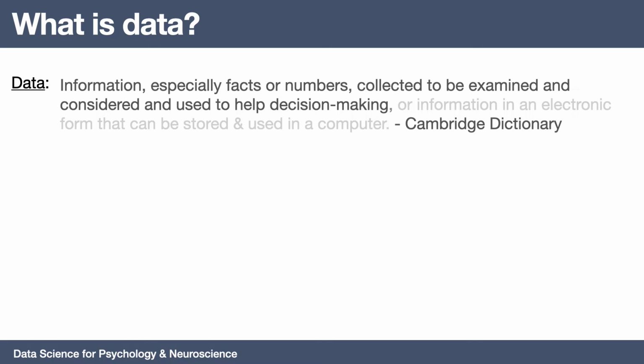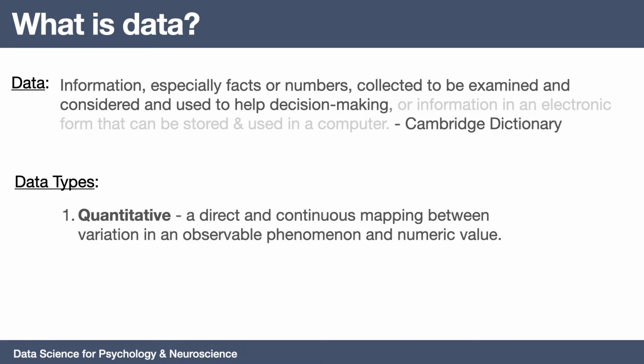Now, data itself can be broken down into two predominant classes or data types. First, there's quantitative data, which is what most people intuitively think of as data. So this is a direct and continuous mapping between variation in an observed phenomenon and a numeric value. Height is a quantitative estimate.